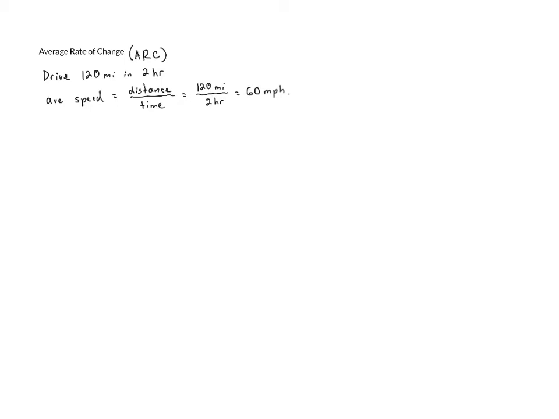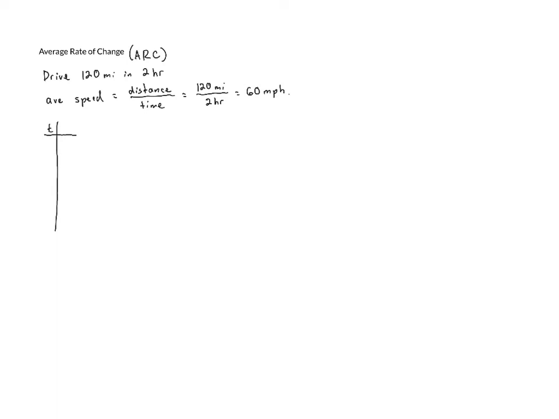So we're going to rely on the mile markers that we see along the side of the freeway as we're driving, and that will tell us our position on the highway as a function of the time when we pass by those. So this is going to give us some information about our position as a function of time.